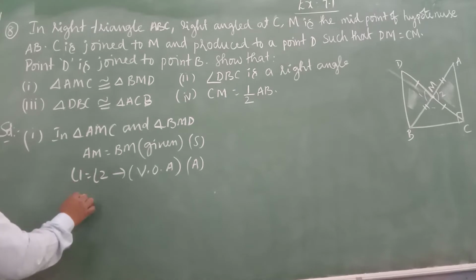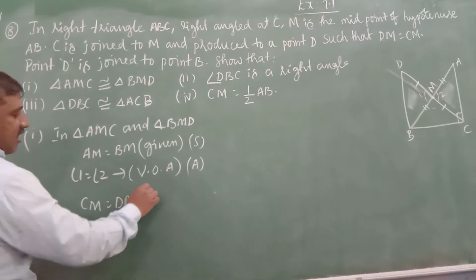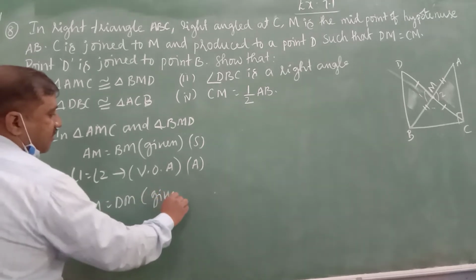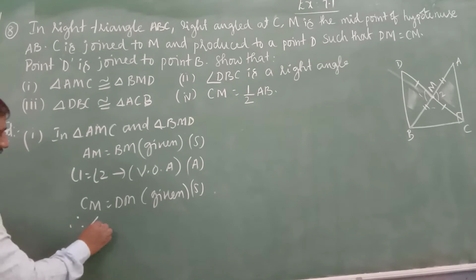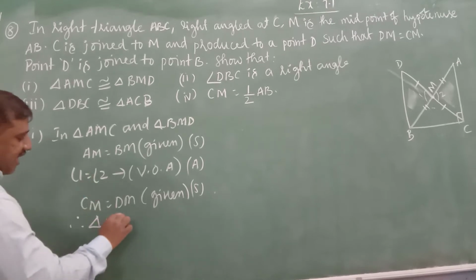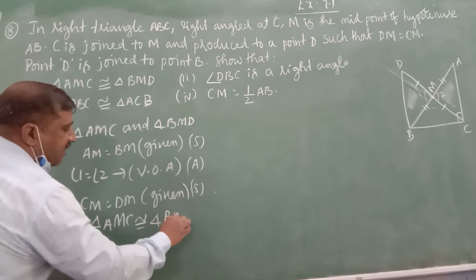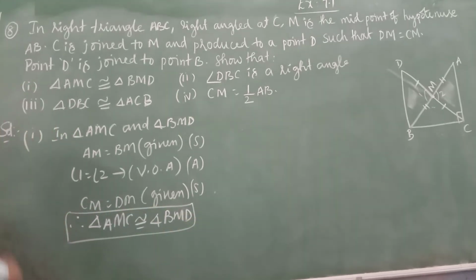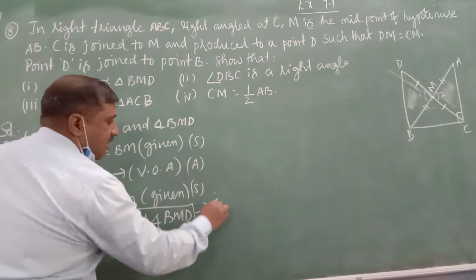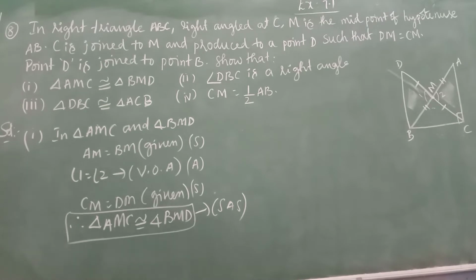Then CM is equal to DM, that is also given, side. Therefore triangle AMC is congruent to triangle BMD. Both are congruent by the congruency criteria.